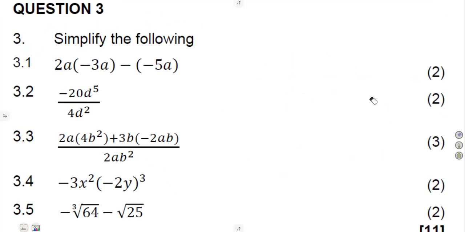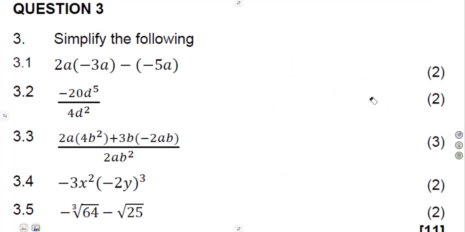Also, as part of integers, we are supposed to be very careful because there are applications of integers in algebra. If you do your syllabus properly, you're going to find out there's a section where you use the knowledge of your integers in algebra. That is algebra in integers.